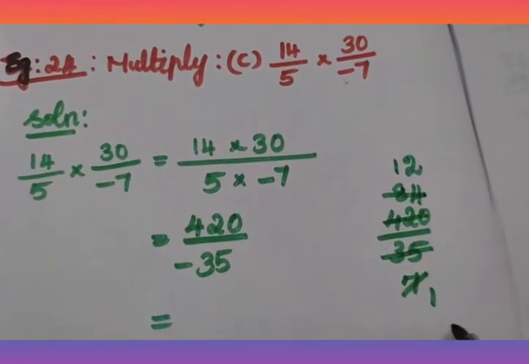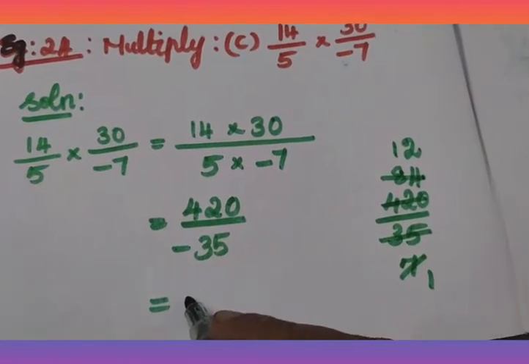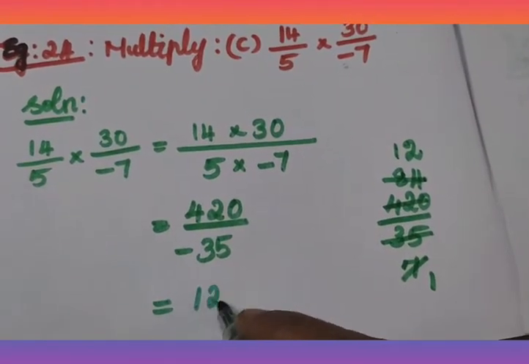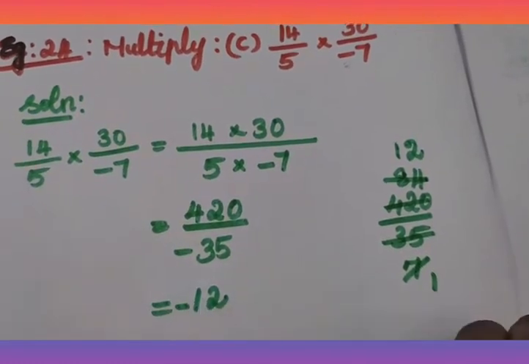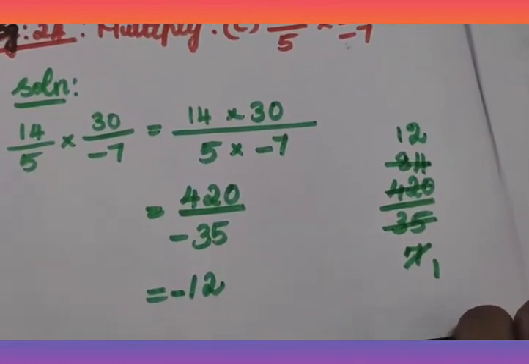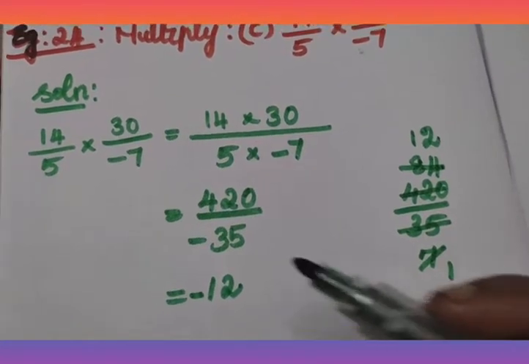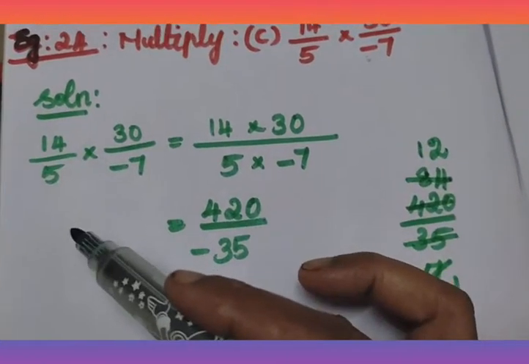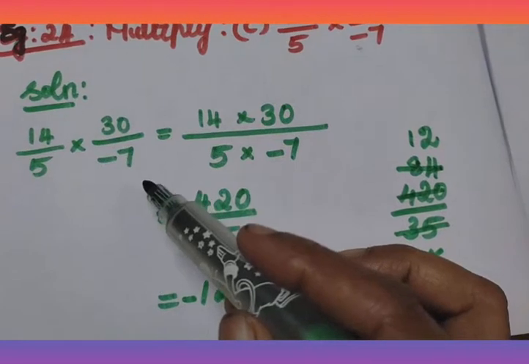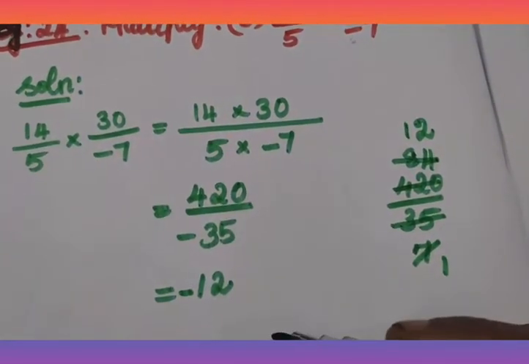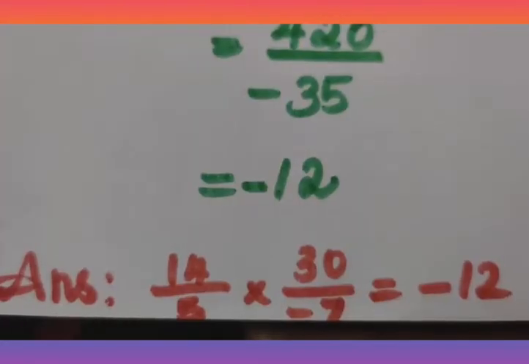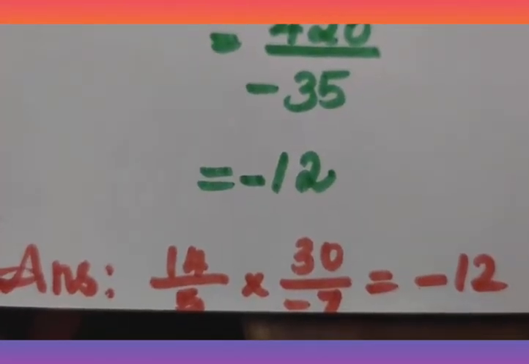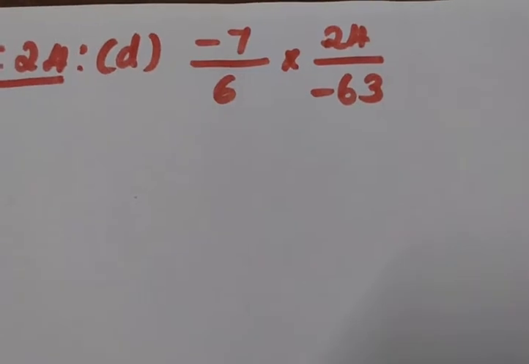A denominator of 1 means we just write the numerator, 12. The minus is there, so we mention it: minus 12. So 14 divided by 5 into 30 divided by minus 7 is equal to minus 12. That's the answer.